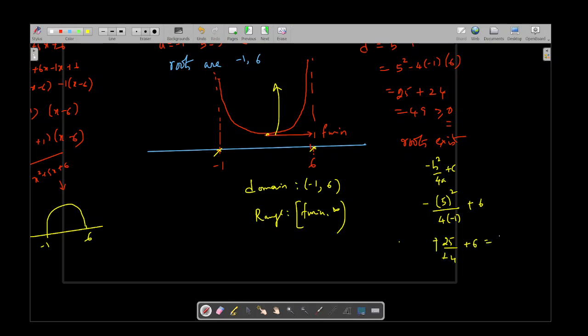So this is (25 + 24) divided by 4, which is 49 by 4.